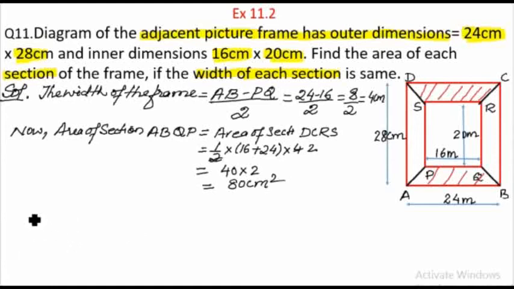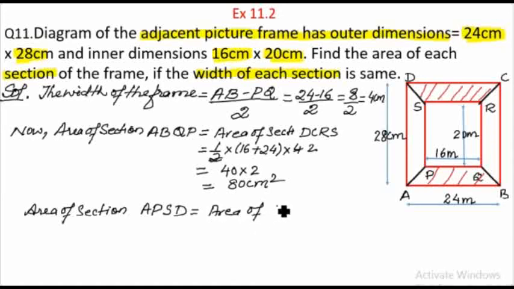Now the area of section APSD is equal to the area of section CBQR.